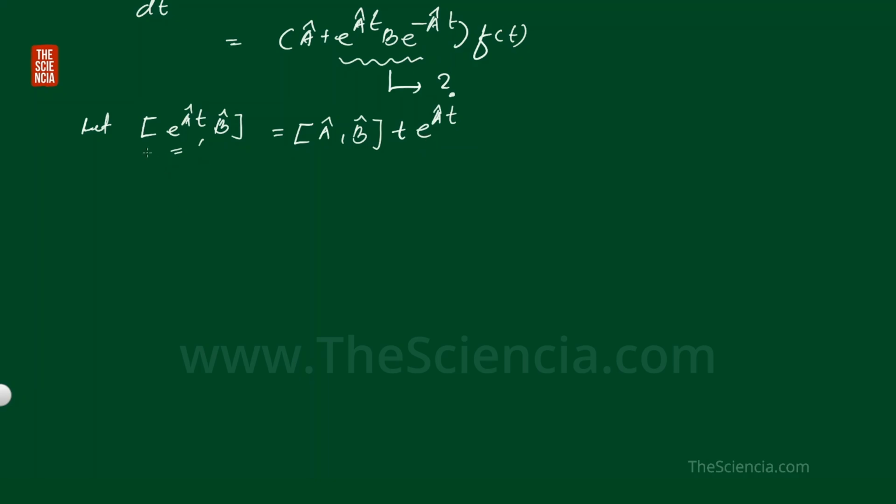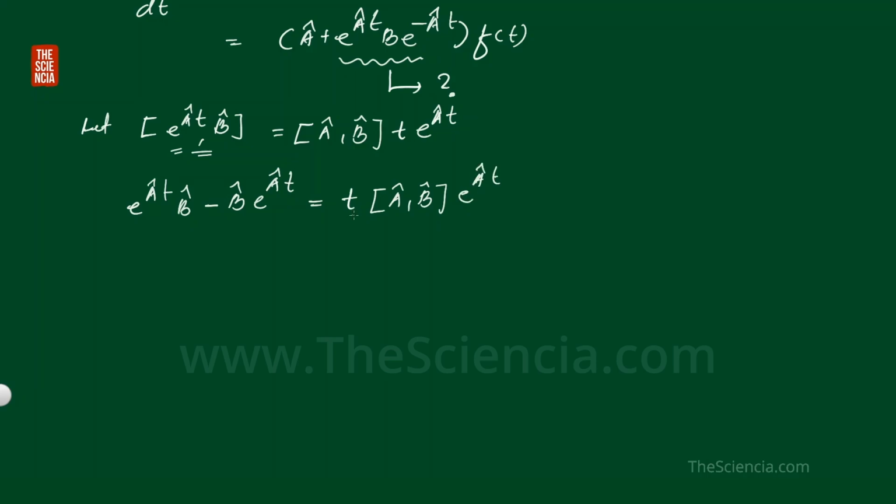Now we can expand our commutator: e^(At) B minus B e^(At) is equal to t [A, B] e^(At).